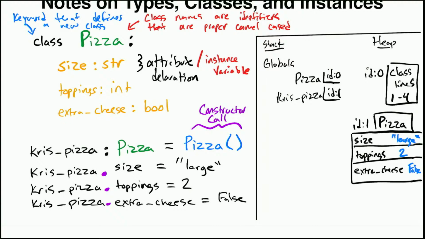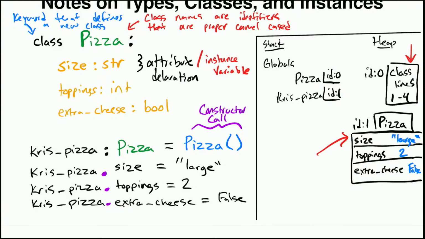Six of one, half a dozen of the other, same concept effectively for our purposes. And the idea is we have this instance, right? This is an instance of the pizza class, an object or an instance. The pizza class is on the heap, and that's saying this is what a pizza is made up of. It's made up of a size, toppings, and extra cheese attributes.